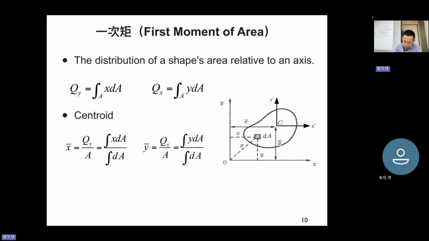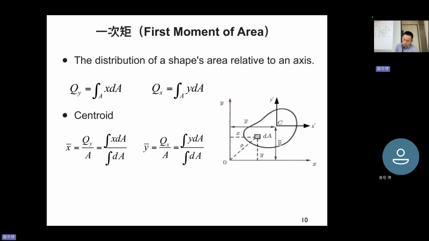Okay, so the distribution of a shape area relative to an axis. Of course, when you define a space, you need to define axis coordinates, and then you can do all the calculation. So actually, the coordinates can be randomly chosen, randomly moved. You can choose this, you can choose that, you can even choose this. But sometimes, yeah, we just choose proper coordinates.